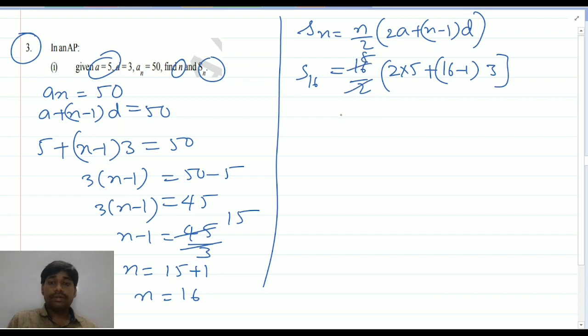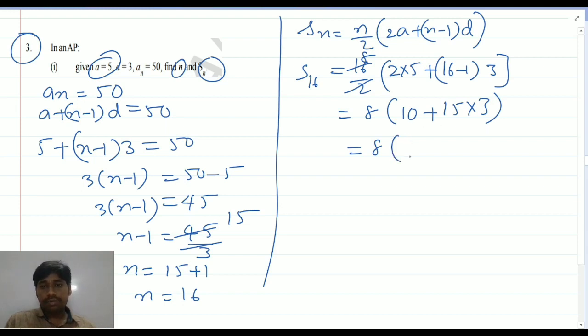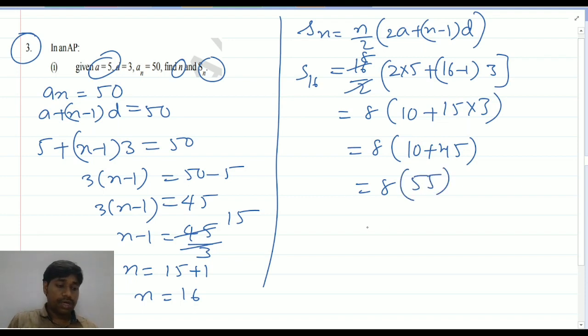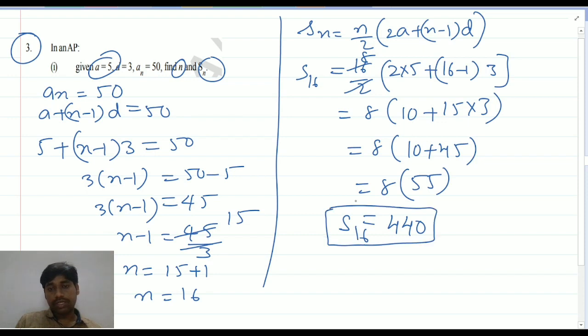So it is 8 of (10 plus 15 into 3), which is 8 of (10 plus 45). 8 of 55. If you multiply this, we get 440. So the sum of 16 terms of this AP is 440.